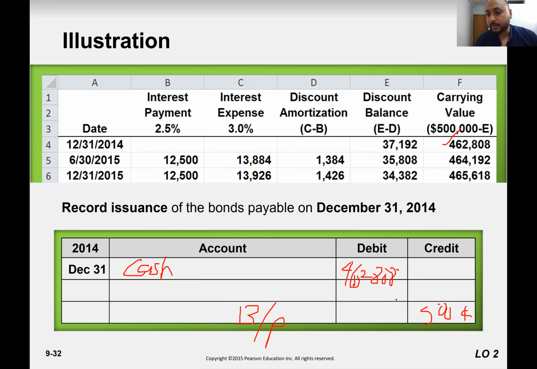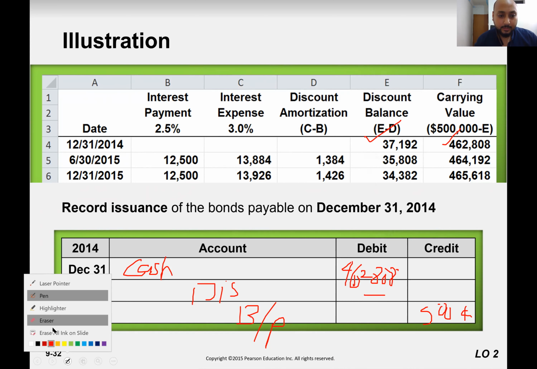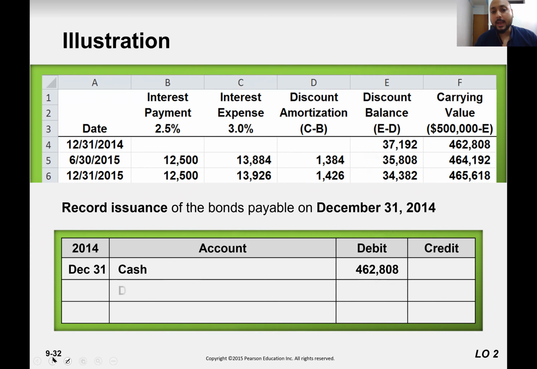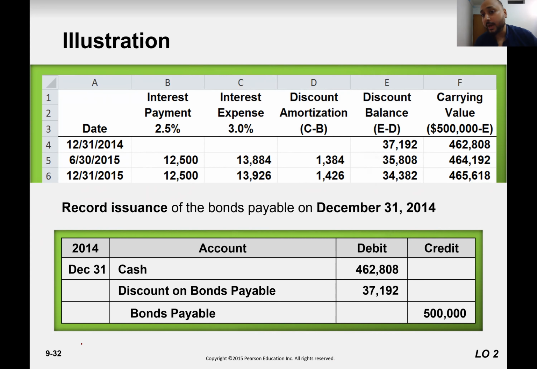The difference between 500,000 and 462,808 is the discount here. Right, difference. So let's see here. Cash, right?